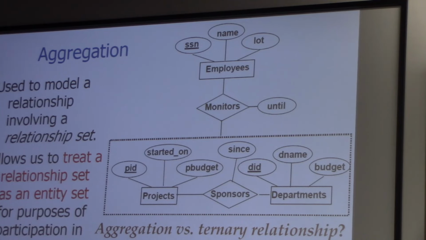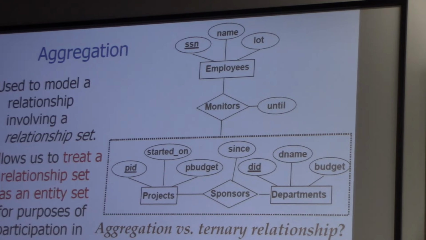Okay? However, there are cases where this may arise that demand you to connect entities to a collection of entities and relationships. Let me give you an example. Let's say I have departments and products, and I capture the interaction between them using a sponsors relationship set. A department has a budget, and the department makes decisions on what products it wants to work for.